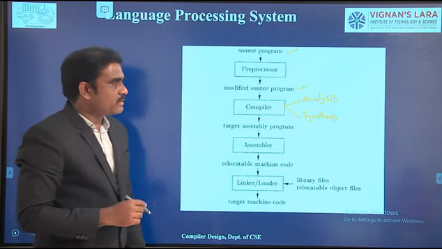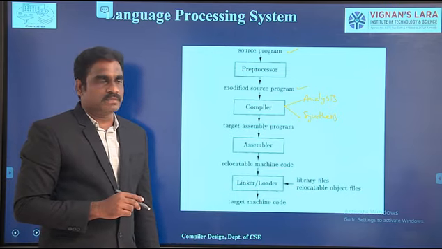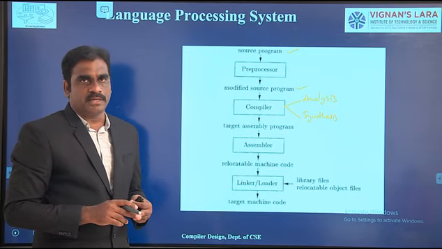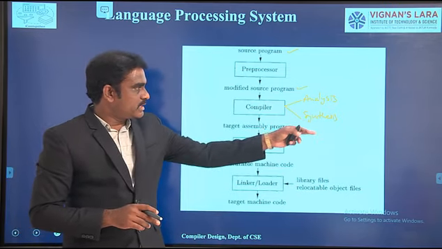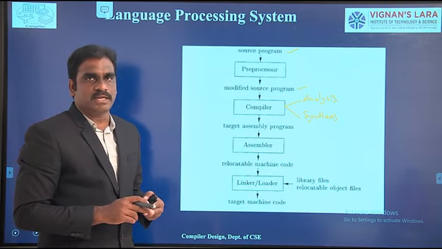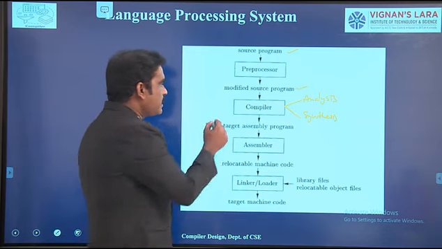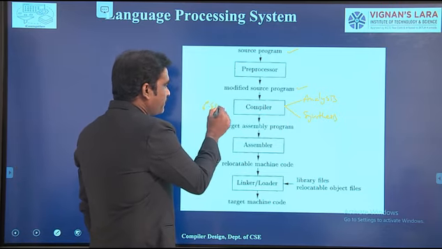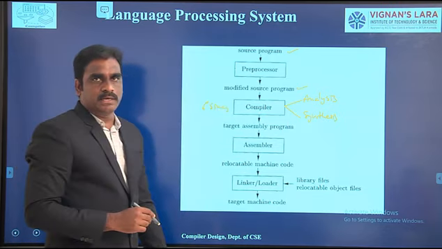The analysis is divided into three phases: lexical, syntax, semantic. In the same way, synthesis has three phases: intermediate code generator, code optimizer, and then code generator. So in total we have 6 inner phases of a compiler.